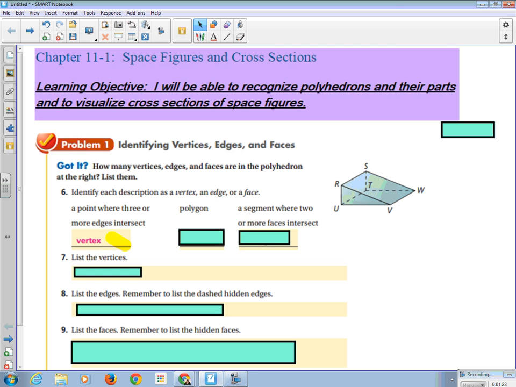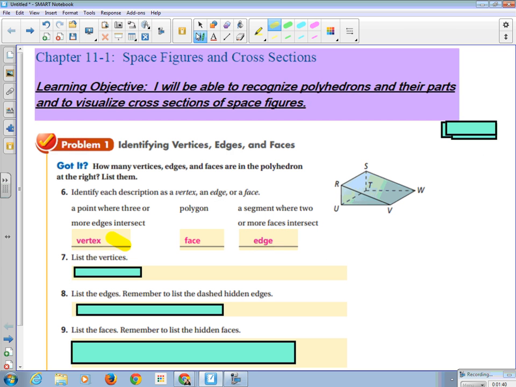I want to make sure you guys nail it. A point where 3 or more edges intersect is a vertex. A polygon is a face. A segment where 2 or more faces intersect is an edge. So make sure on your notes these items, the definition and the word, are highlighted.